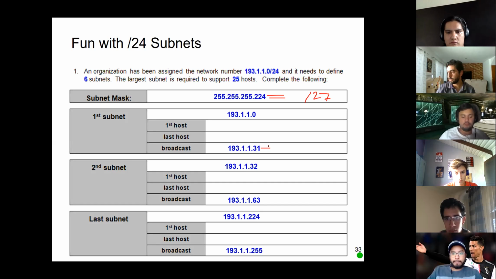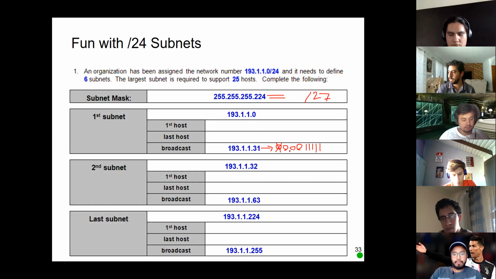31 in terms of binary is 0, 0, 0, 1, 1, 1, 1, 1. Sorry, I confused myself; this is now 3 zeros. Forget this. 0, 0, 0, 1, 1, 1, 1, 1. This is 31.